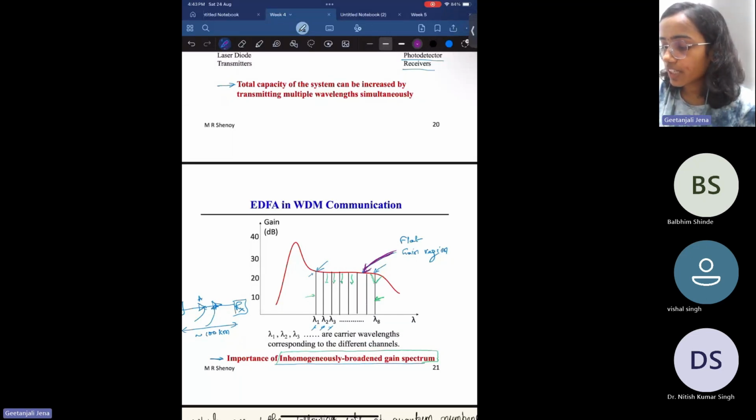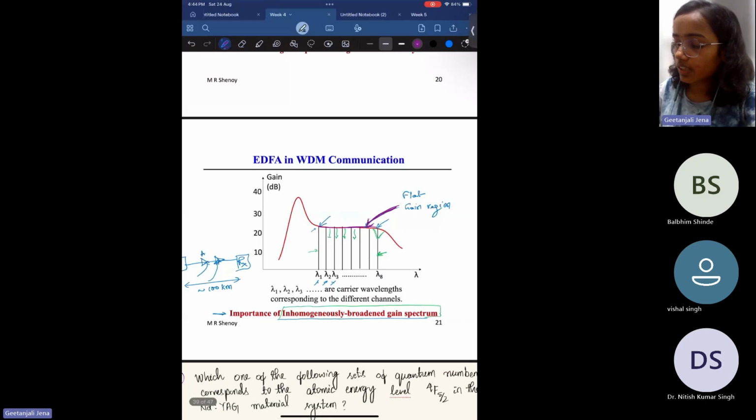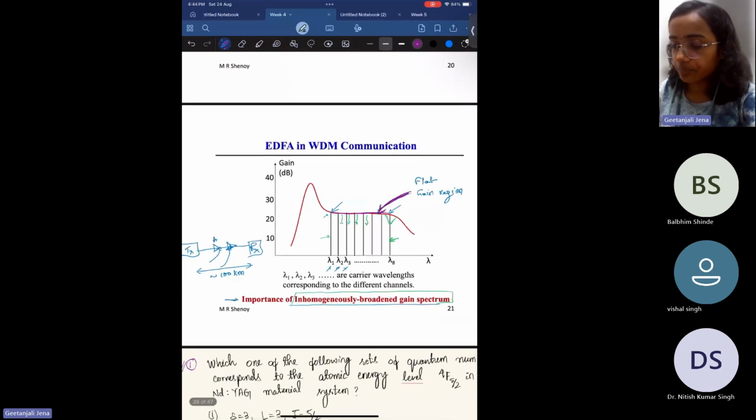That means different wavelengths can propagate with the same gain in the EDFA fiber. It's not like the gain of one signal is higher than the gain of a second signal. It's like a flat line. So we'll see the same gain around different wavelengths, and in this way the fiber can allow the propagation of different signals simultaneously and effectively.